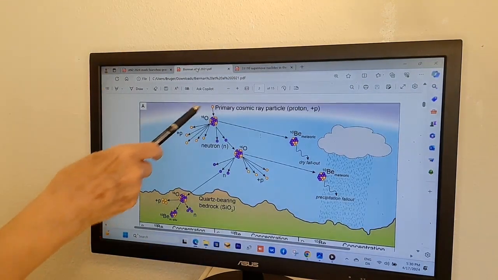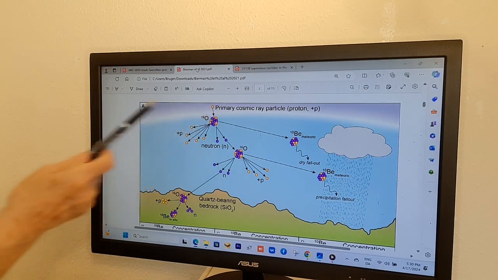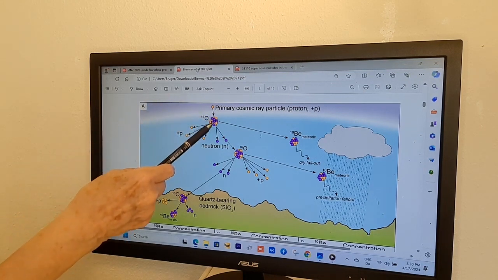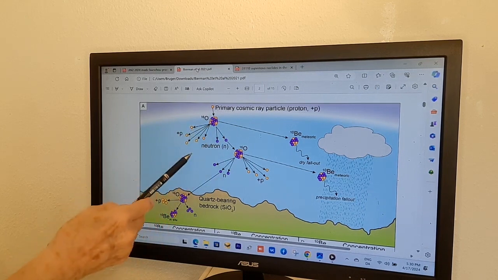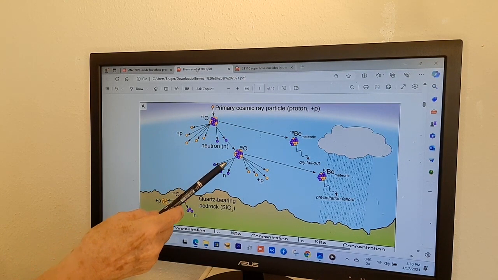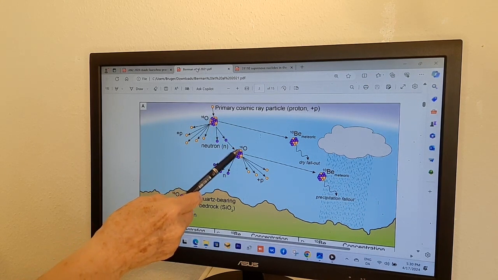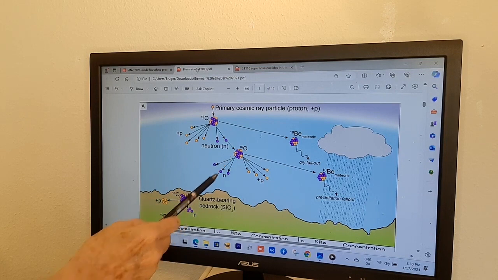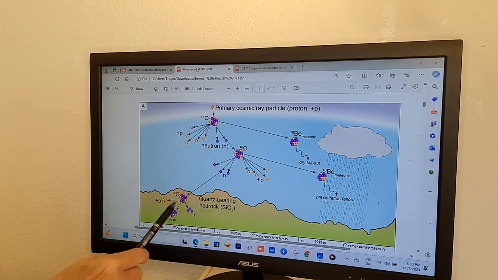That is the primary cosmic ray up here, hitting in this case an oxygen, and it splits up. That's the spallation: it splits up into protons and neutrons, and one of these neutrons hits another oxygen, and it splits again into neutrons and protons, and that one again hits an oxygen down here.